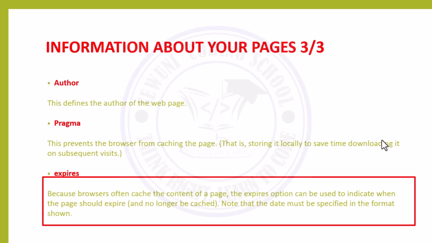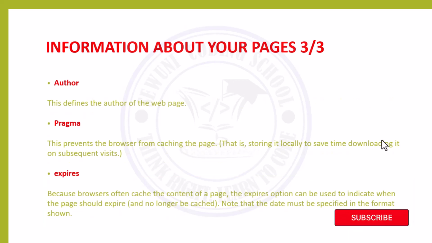The author is also part of the information displayed in the meta. It shows you the author of the web page. Pragma also prevents the browser from caching the page, that is storing it locally to save time downloading on subsequent visits.